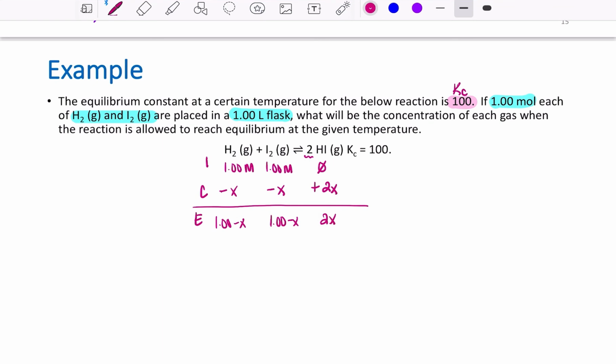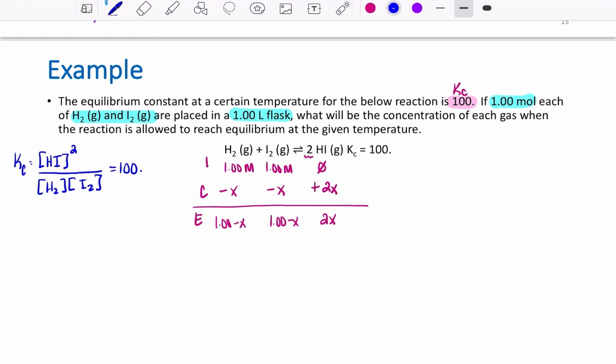Go ahead and set up your Kc expression. HI concentration squared divided by my H2 concentration times my I2 concentration. Then we know, it tells me in the question, this equals 100.